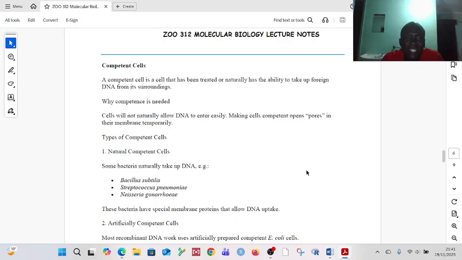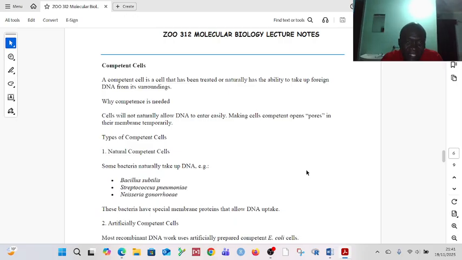So this competence is needed because if cells cannot allow DNA to enter, then we cannot have recombinant DNA being formed. You need the recombinant DNA, but it has to be put into a host cell. It has to transform a host cell.